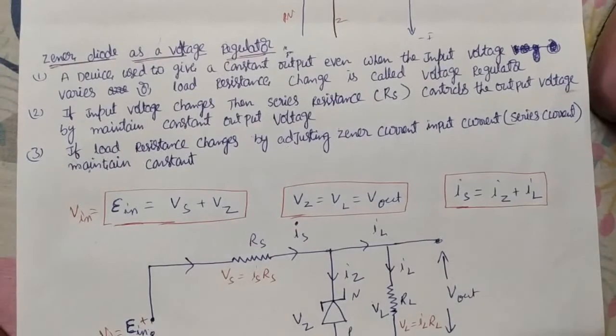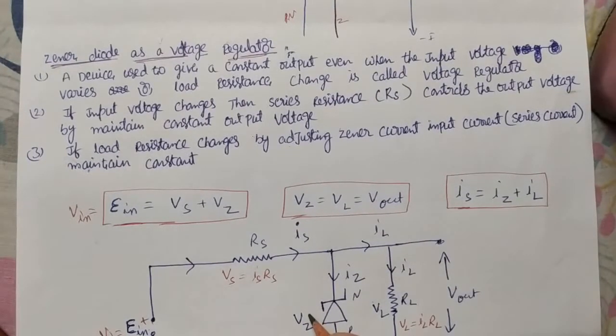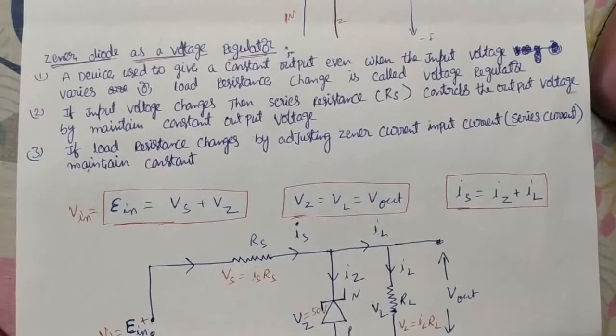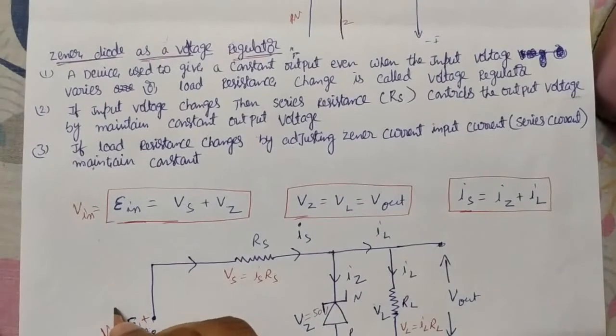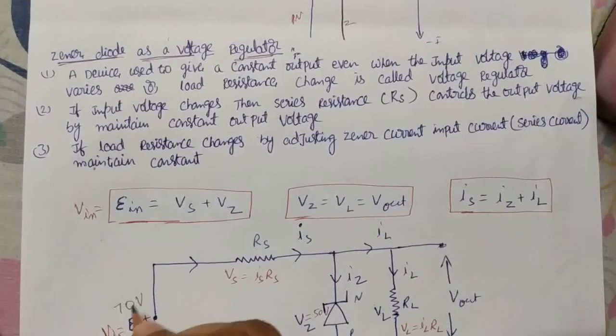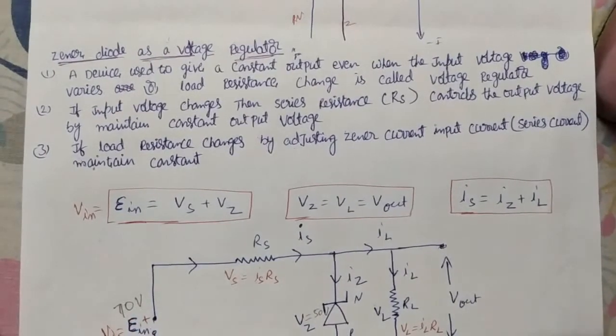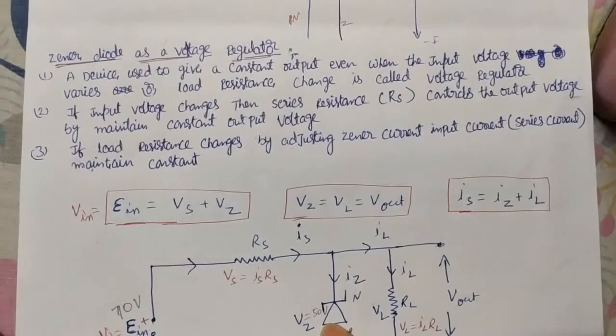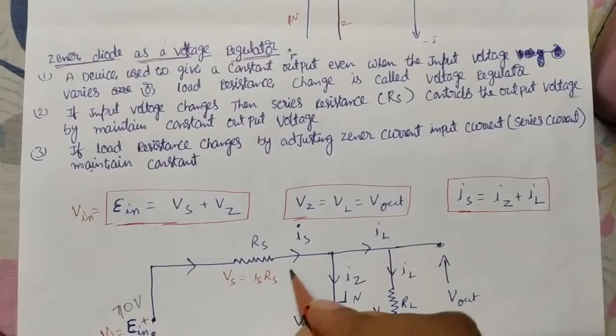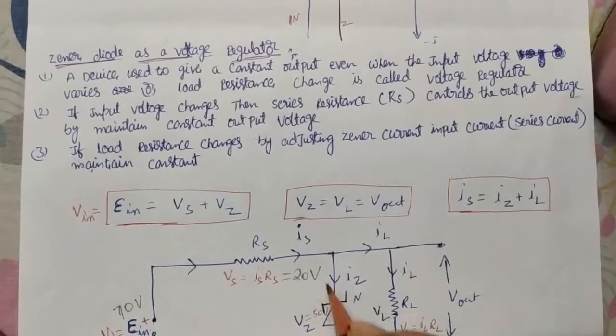Suppose, for example, with some numerical values, we are designing it to get an output of 50 volt, and the input voltage you can take as 70 volt. Then what happens here? Take 50 volt, and the remaining 20 goes across the series resistance.